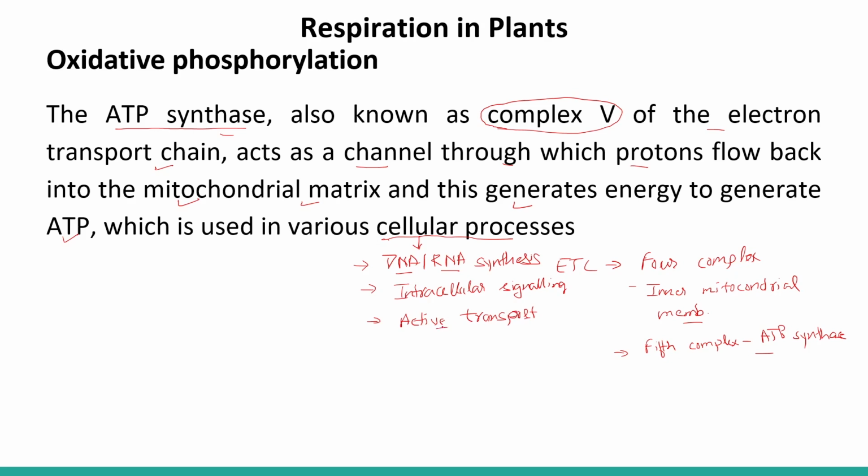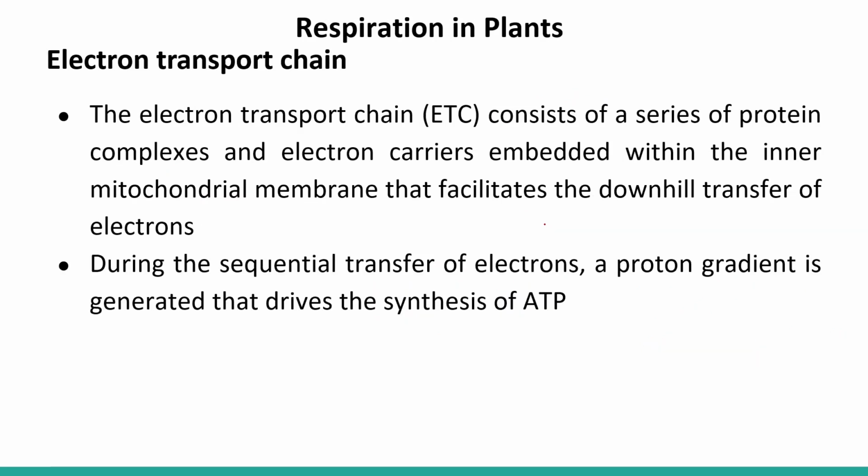Active processes require ATP or energy, and ATP or energy is also required for muscle contraction. So these are the various processes where ATP is utilized. Now let's study all these points in detail.